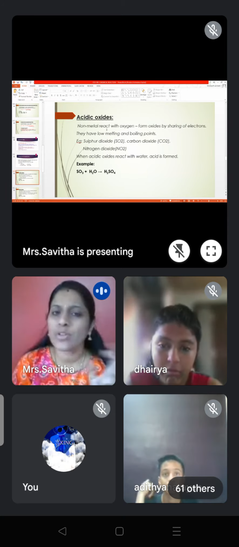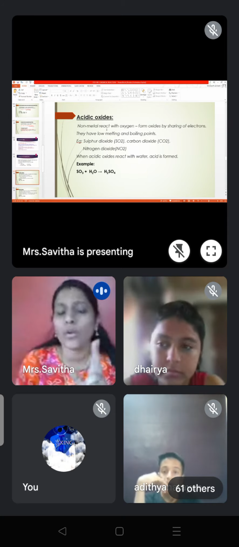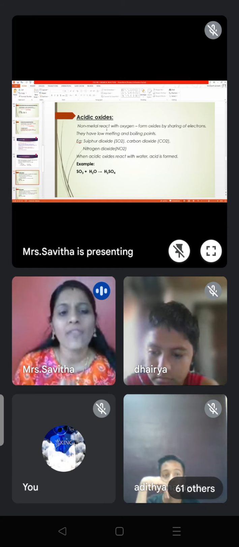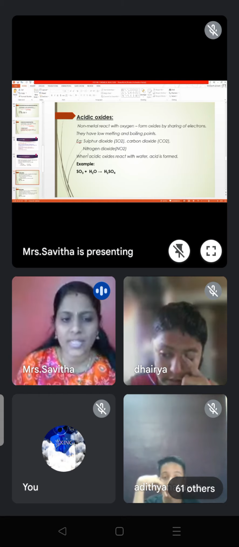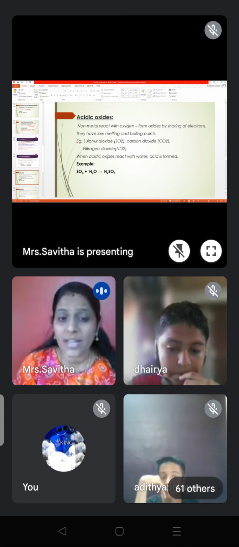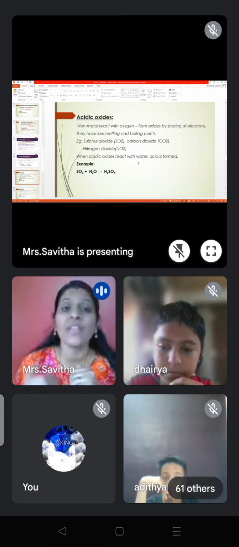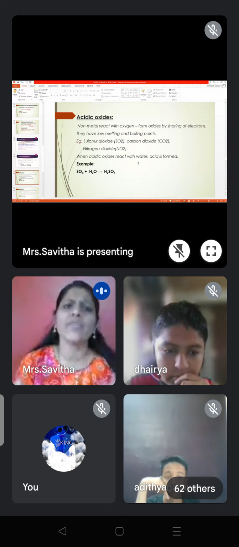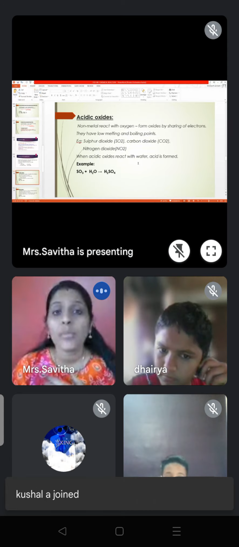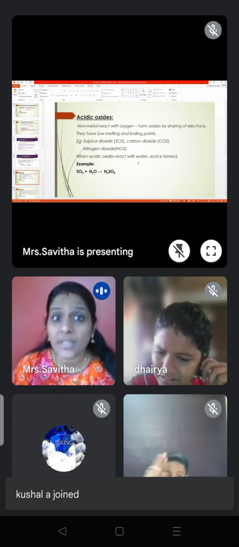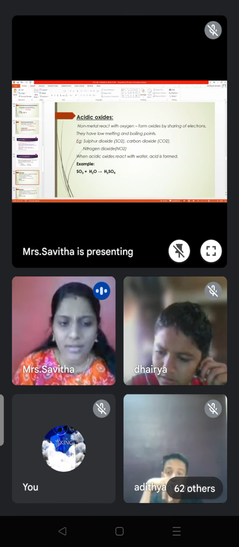Next, because they both come under non-metals, they have very low boiling and melting points. So these are the examples. Now the last sentence is why we have given the word acidic oxide. Otherwise we could have simply said non-metal with oxygen gives non-metallic oxide. So why did we give another name, acidic oxide? The reason is here.